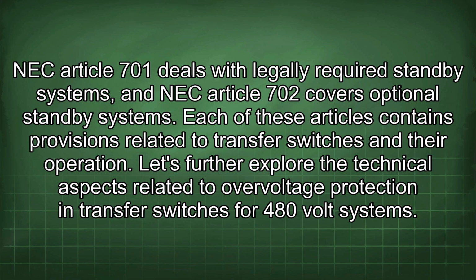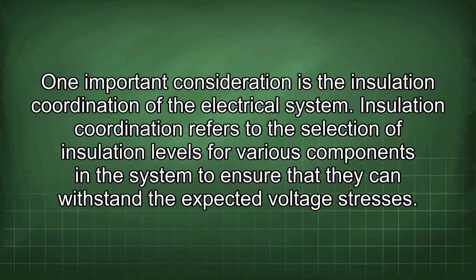Let's further explore the technical aspects related to overvoltage protection in transfer switches for 480-volt systems. One important consideration is the insulation coordination of the electrical system. Insulation coordination refers to the selection of insulation levels for various components in the system to ensure that they can withstand the expected voltage stresses.